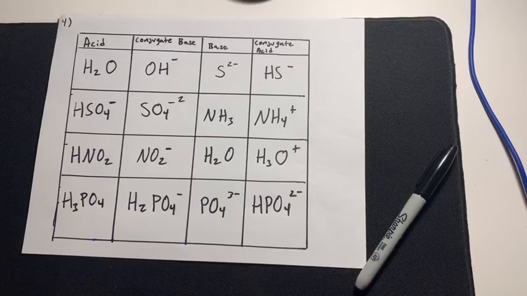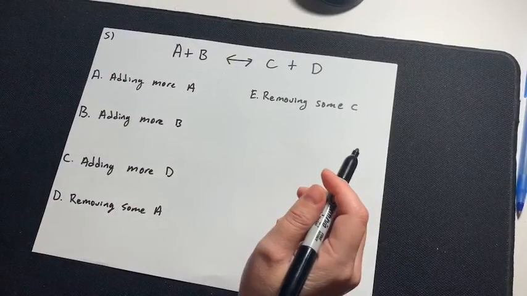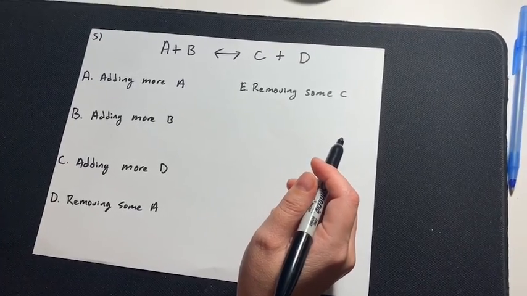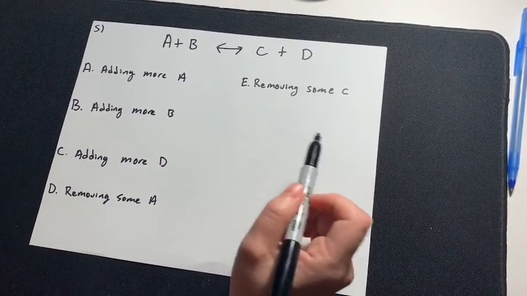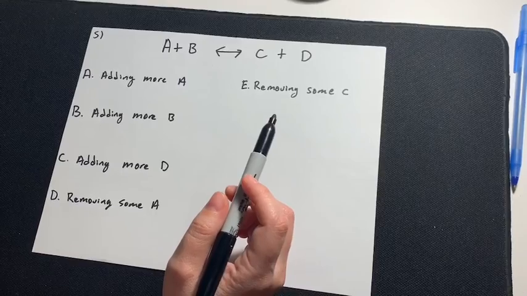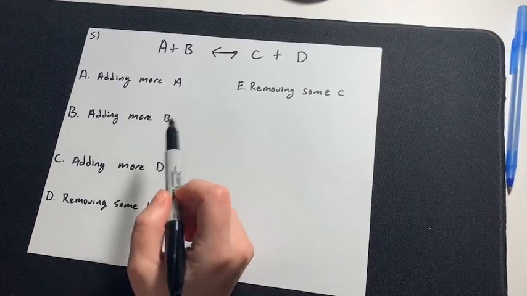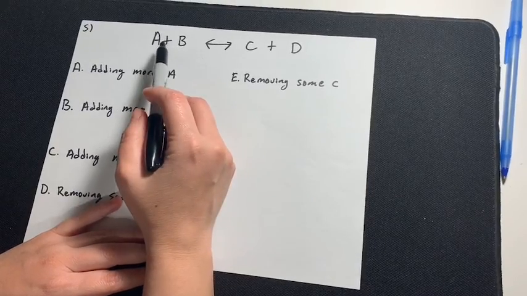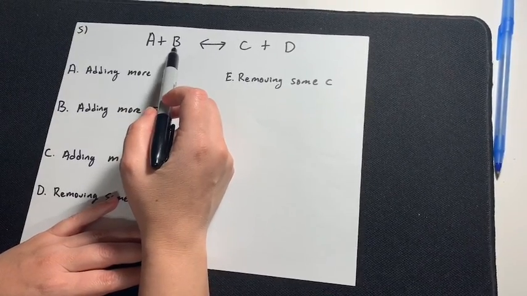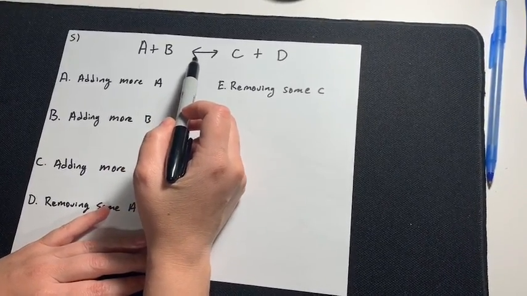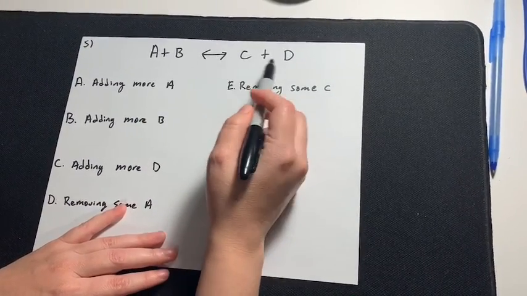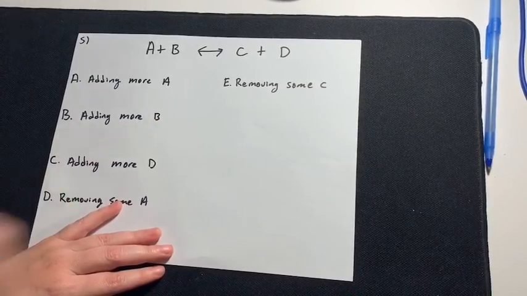So lastly, we're going to go over Le Chatelier's principle to predict whether the following changes cause the system to shift in the direction of the products or the reactants. So here we have a hypothetical equation with A plus B on the reactant side, and then C plus D on the product side.